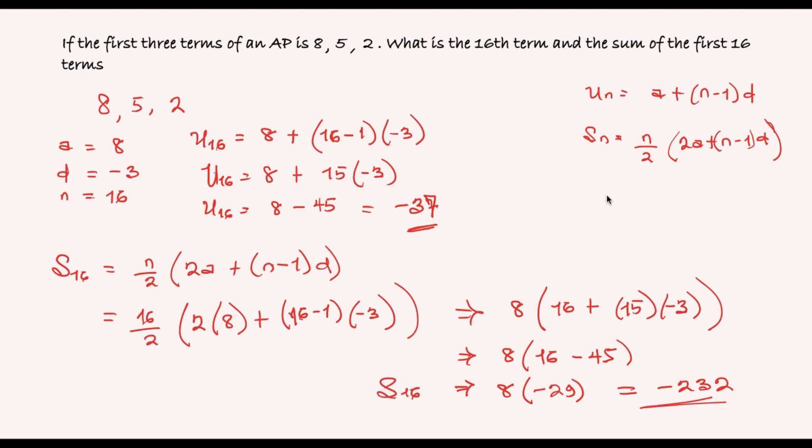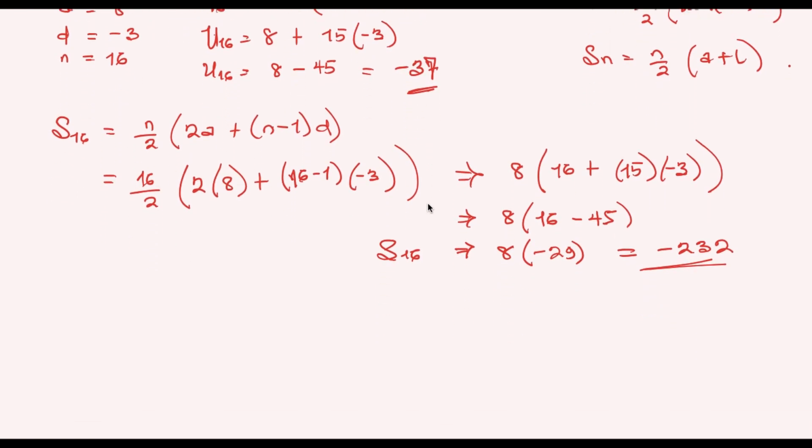Now we can also use our second formula, which is n over 2 into (a plus l). Because don't forget that just before we calculated the sum of the first 16 terms, we found out the 16th term, which is minus 37. So let's just try it out to see if we get the same thing. We know that the last term, we've calculated it as minus 37. So we have that S16 is equal to n over 2 multiplied by (a plus l), right?